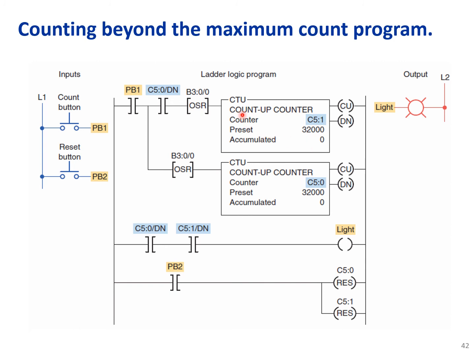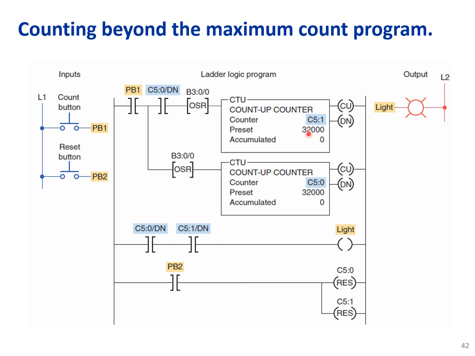So here we are using two counters, and this counter goes up until it reaches 32,000. Once this counter reaches that value, the down bit becomes true. Once the down bit becomes true, then the other counter goes up by 1, and this counter will be reset to 0 again.